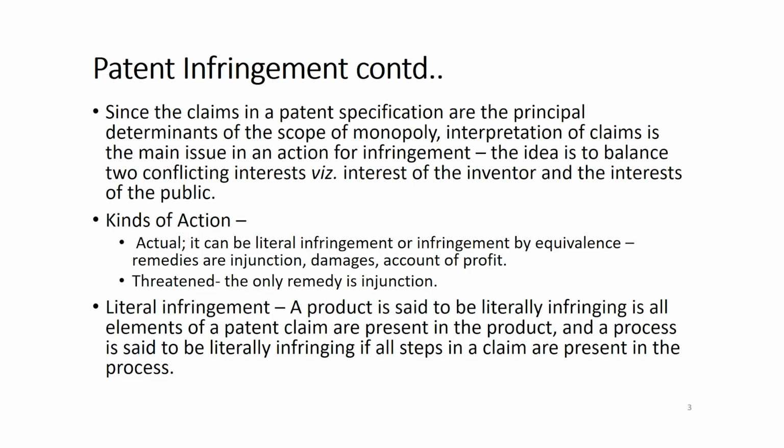Out of the entire description which is there in specification, what is that part which is claimed by the patent holder? What is that which belongs to the inventor? What is that which is created by the inventor? That is to be found in the claims part. So claim delimits the scope of monopoly. Claim tells me the scope of monopoly.